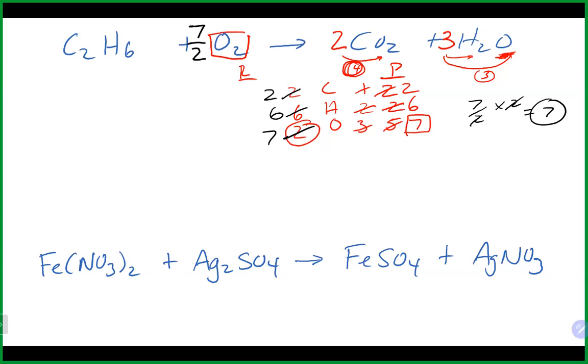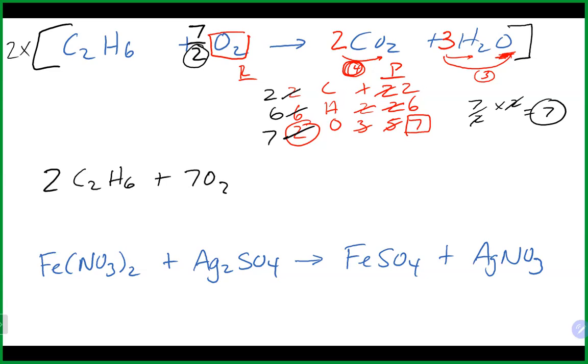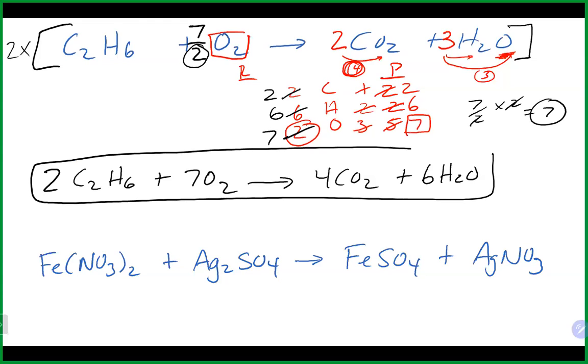To get rid of the fraction, you need to multiply the entire equation by the denominator, right? So we're going to times everything by 2 here. And when you do that, you will end up with 2 of the C2H6 plus 7 O2 gives us 4 CO2 plus 6 waters. And if we didn't screw up here, this would actually now still be balanced.